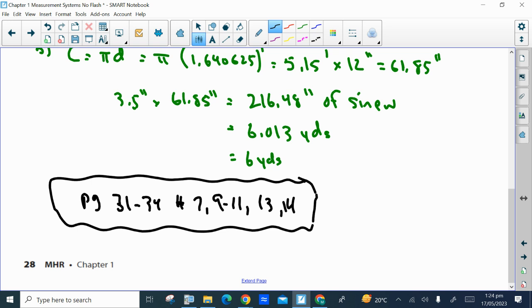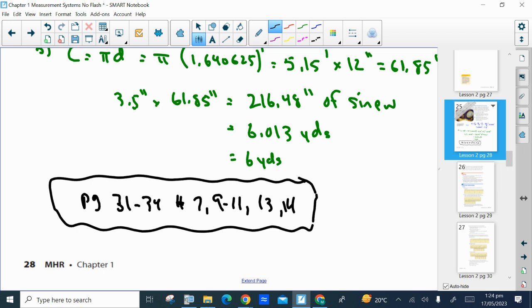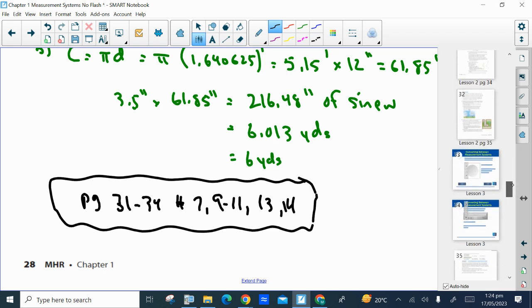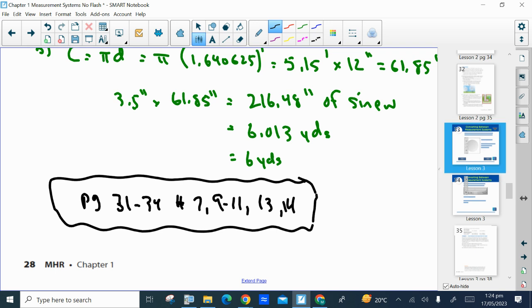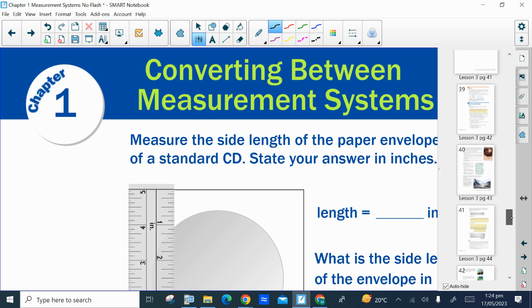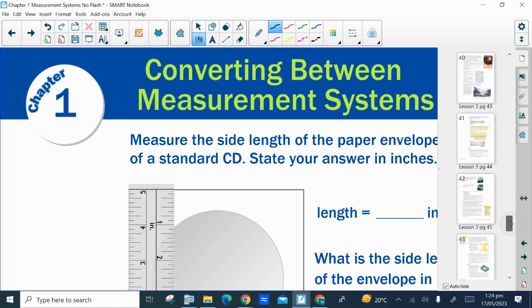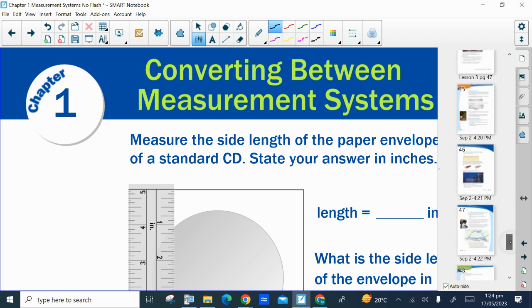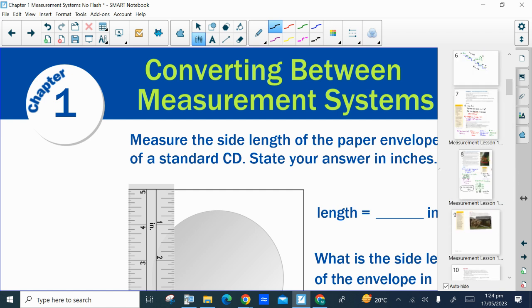This is not due for marks, but we've only got one lesson left in this chapter, which we'll be doing tomorrow, and that's converting between the two systems. And that means on Tuesday, you're going to have a quiz on this chapter. We're going to be done this chapter tomorrow. So quiz on Tuesday on this stuff.